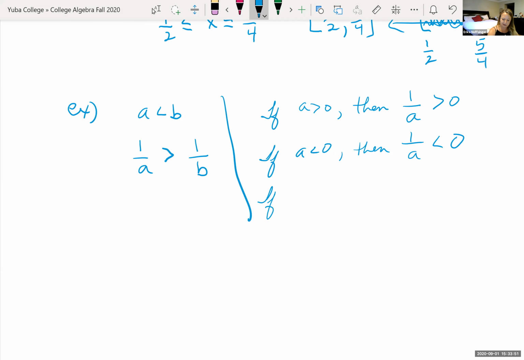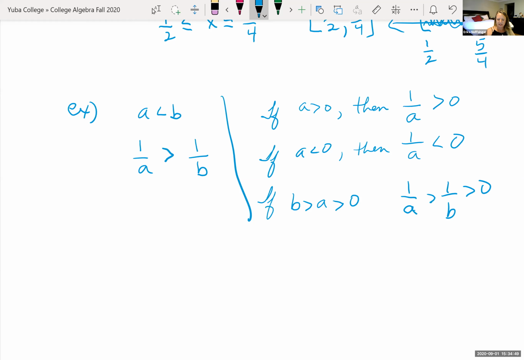Let's say if B is greater than A, and A is greater than 0, then we know that if we look at 1 over A, that's 1 over a smaller number, so it's actually bigger than 1 over B. So if B is bigger than A, then 1 over A is bigger than 1 over B, which is bigger than 0.